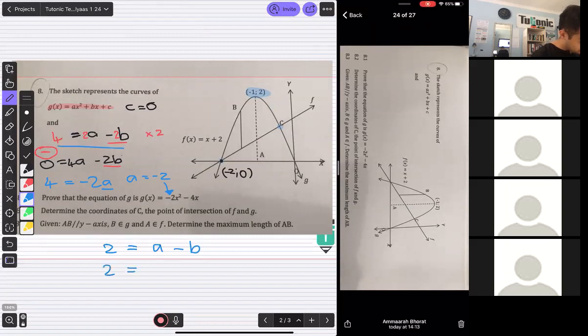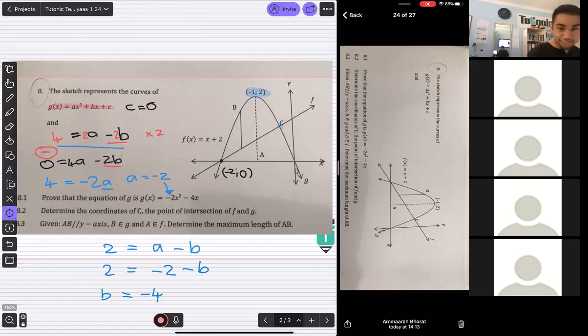Therefore, 2 equals -2 minus b. And therefore, b is equal to -4. If you take b onto the other side and subtract the 2, b is -4, which is what they've got there. So we've done it. Okay, so we've proven that the equation of the graph is that.